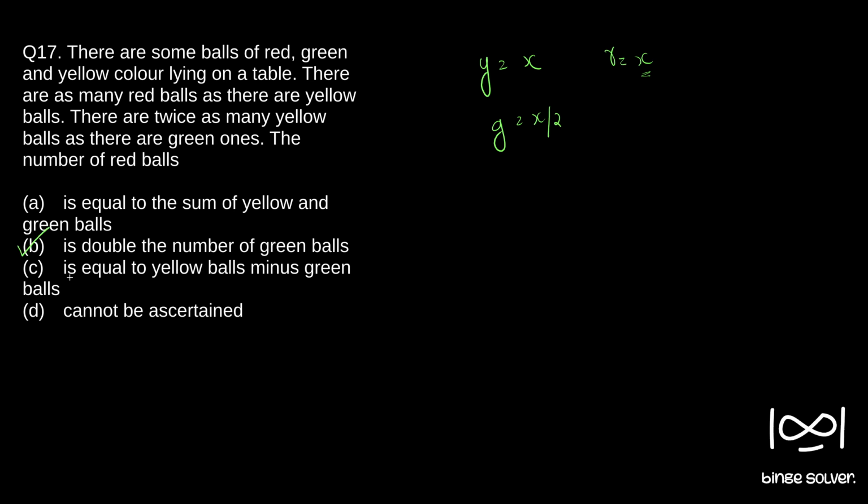Just checking the other statements: is it equal to yellow balls minus green balls? No, cannot be ascertained. So B is the correct answer. We don't have to analyze all other statements. The moment you find the correct answer, you can move on to the next question and save some time. So that is the solution to question number 17.